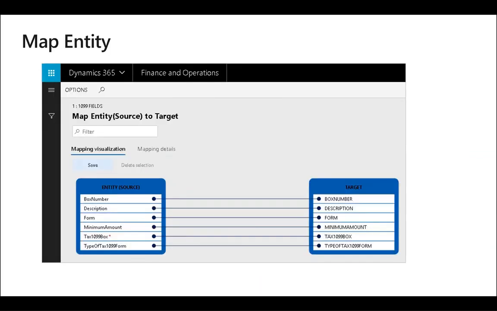Upon adding an entity into the data management project for either import or export, Dynamics 365 Finance and Operations creates field mapping between the source data and target table for each data entity, which matches the schema of the table associated with the data entity.